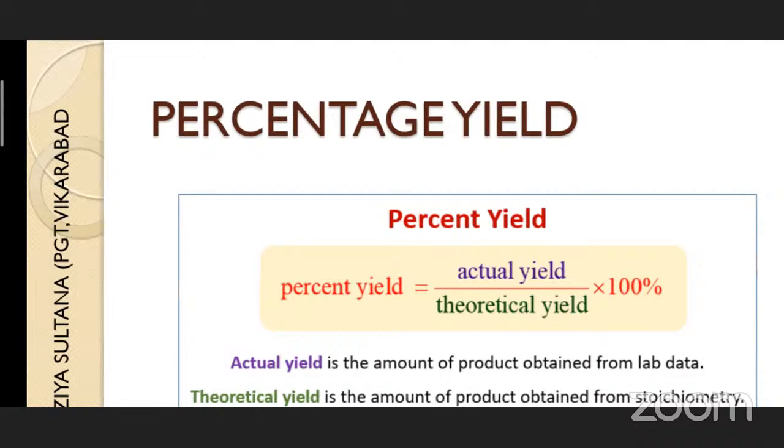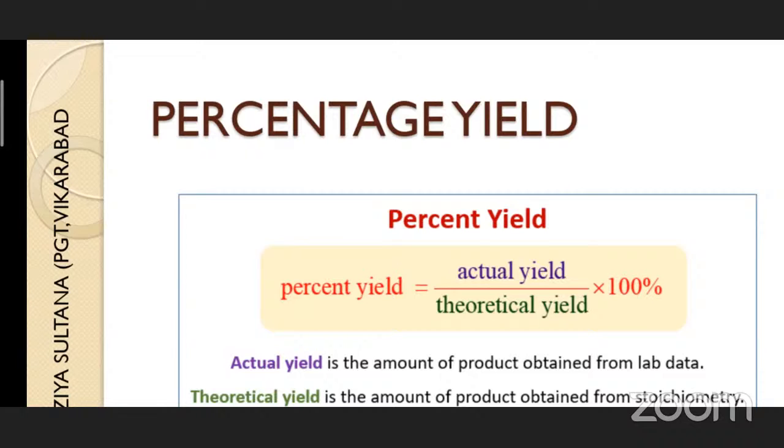Whenever we carry out a reaction in reality, we can get a product lesser than expected theoretically, or equal to the amount based on the stoichiometry. In reality it could be equal as per the stoichiometry of the reaction, or it can be less, but it will never be more, because we will never get more than what we have provided.